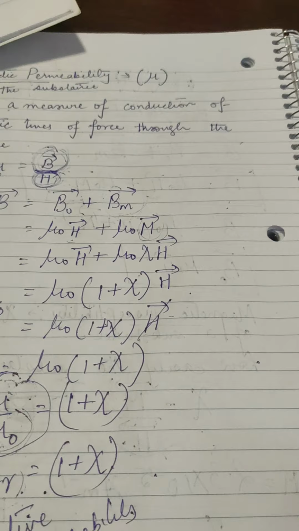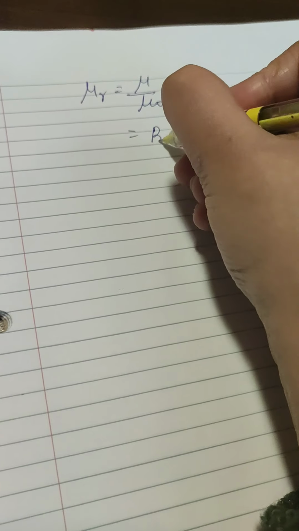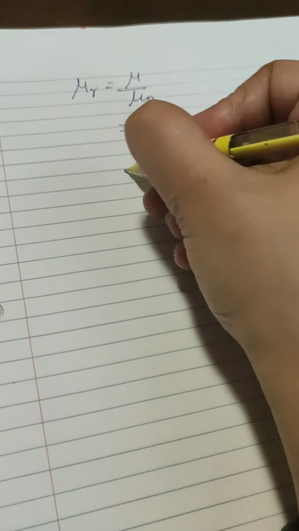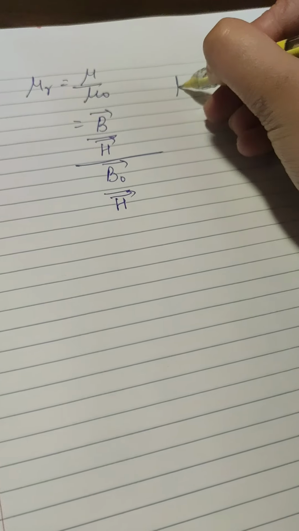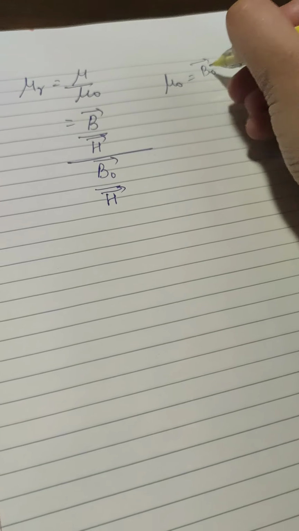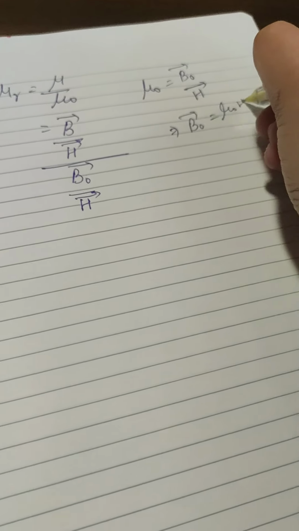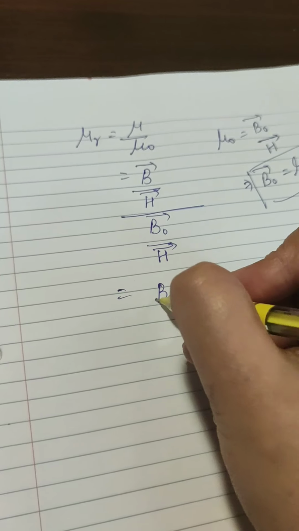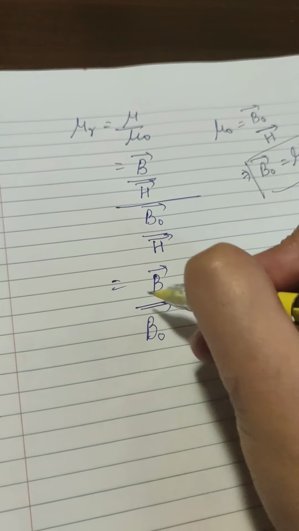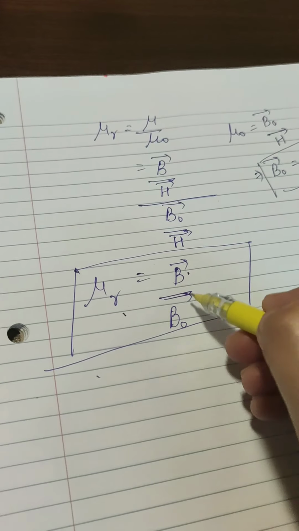Now mu r is mu by mu naught. Mu is B by H, and mu naught is B naught by H. Remember, mu naught is equal to B naught by H, or B naught equals mu naught H. So it actually comes down to mu r equal to B by B naught.